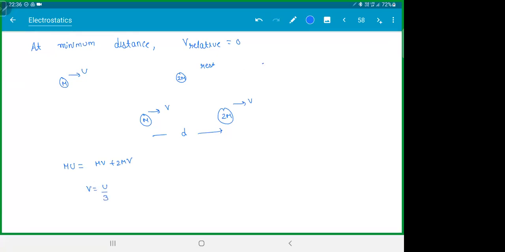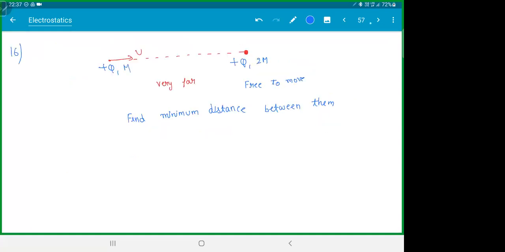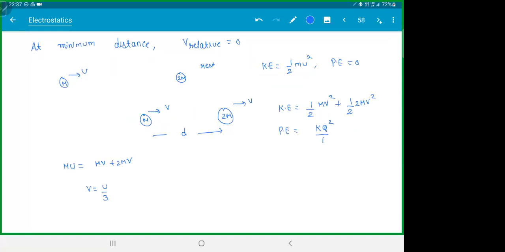State 1: kinetic energy half mu square, potential energy 0 because you're very far. State 2: kinetic energy half mv square plus half 2mv square, potential energy kq square by d.